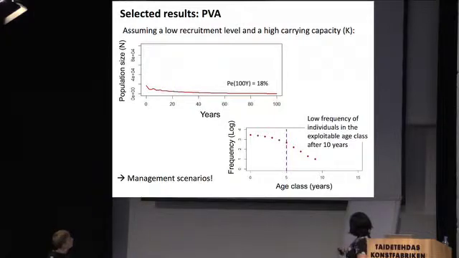And in this lower graph, what I show you is the frequency distribution of the age classes after 10 years in this population. And what we see is that under this base scenario, the frequency of the individuals that are at the exploitable age class or larger is very, very low. So this was not enough to maintain a fishery.